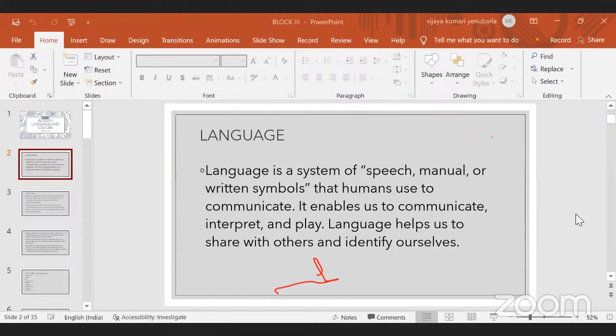So language is a system of speech, manual or written symbols that humans use to communicate. Already we have learned this definition. It enables us to communicate, interpret, and play. Language helps us to share with others and identify ourselves. Just try to understand the last line. Why is language helpful? It helps us identify ourselves.